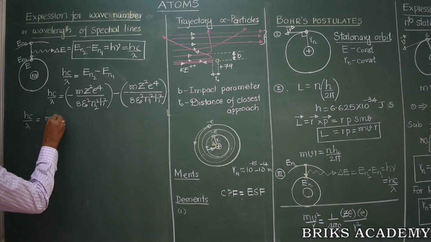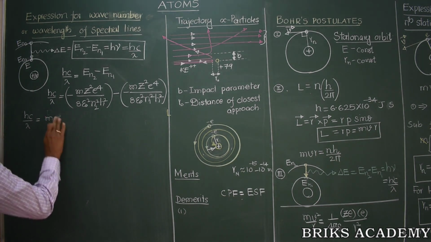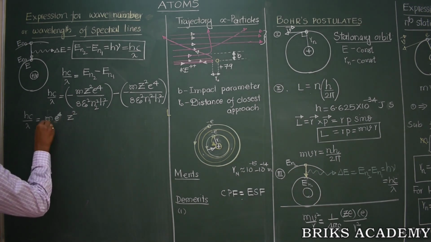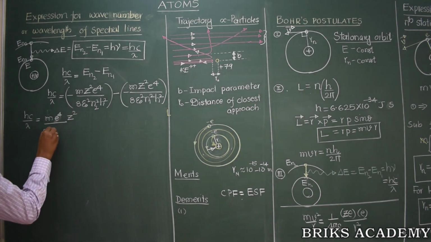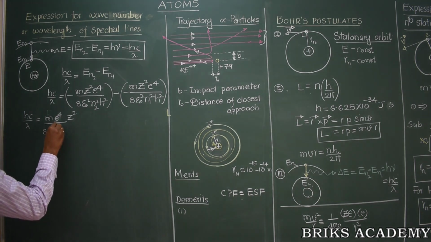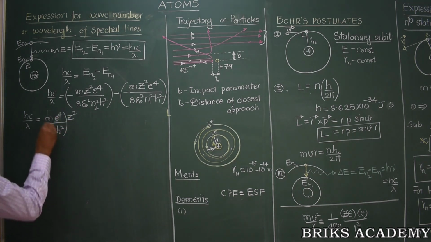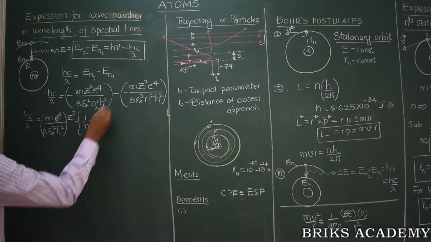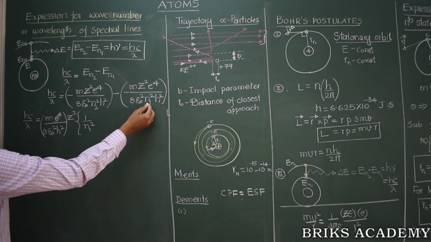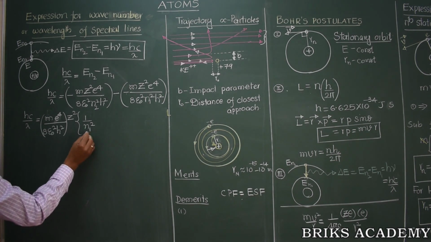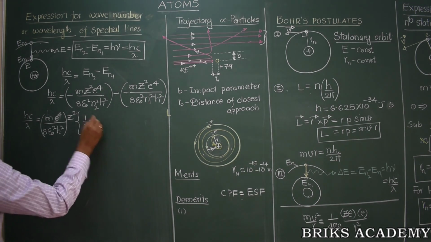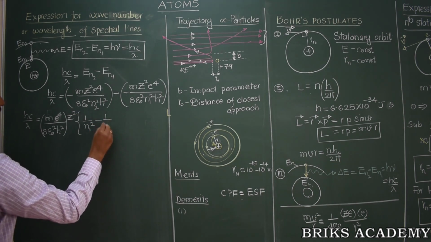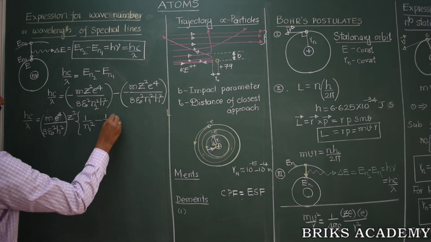Hence, m e power 4 into z square divided by 8 epsilon naught square h square into 1 by n1 square, minus into minus, the second term becomes positive. Therefore, the positive term is written first, 1 by n1 square. The first term has a negative sign, written as the second term, minus 1 by n2 square.